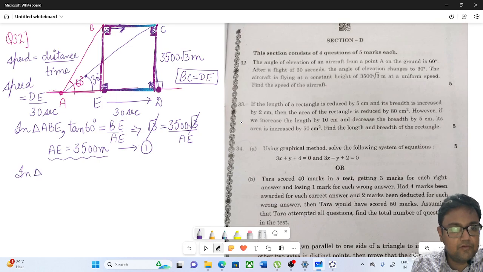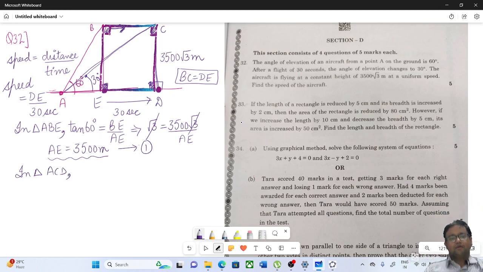In triangle ACD, this triangle, children, ACD, right? In triangle ACD, again you can see that tan 30 degrees, now the angle of elevation is 30 degrees, earlier it was 60 degrees. So tan 30 degrees is equal to DC upon AD.